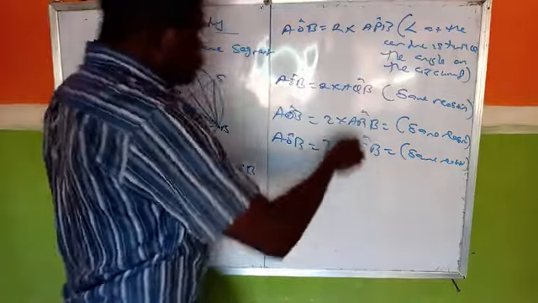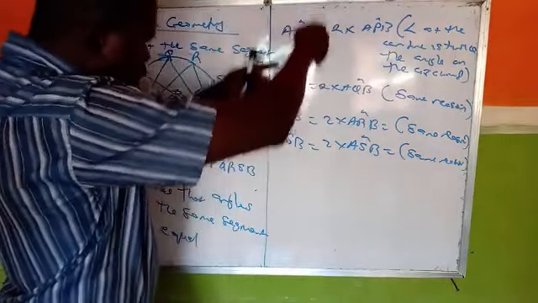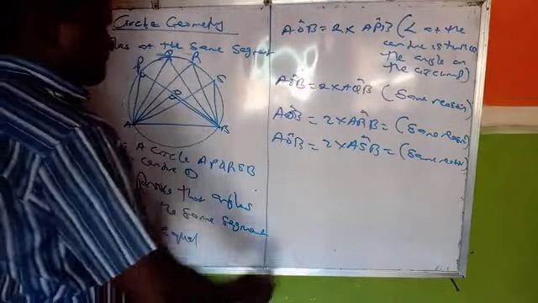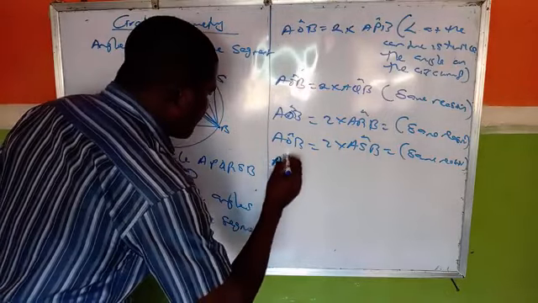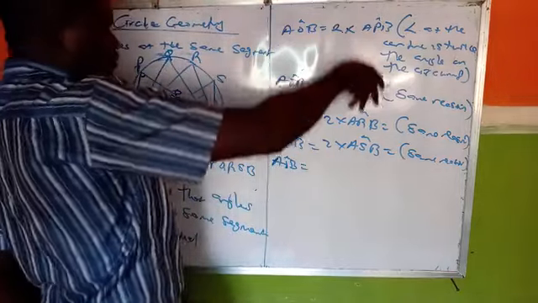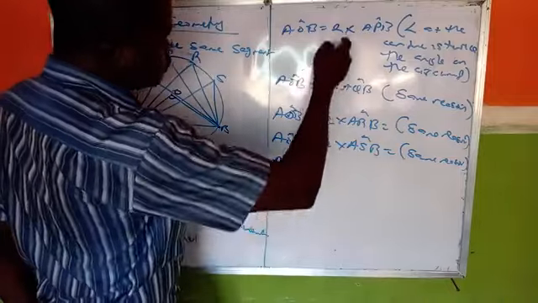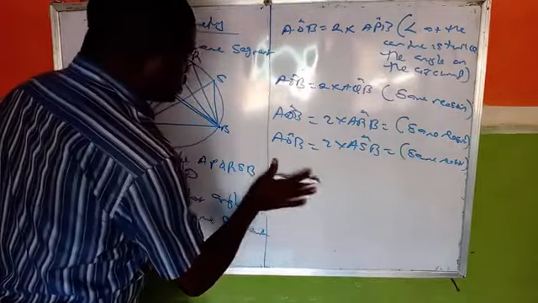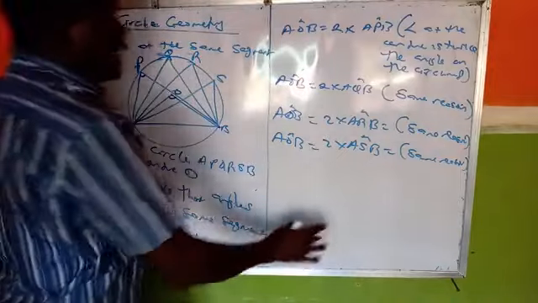All these are equal to angle AOB. They are all angle AOB. Therefore, angle AOB is equal to 2 times of all of the following. So you can just say that all these angles are the same.